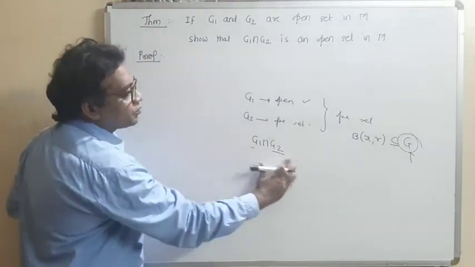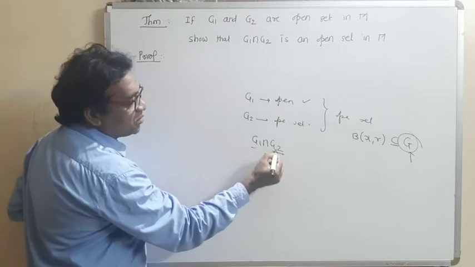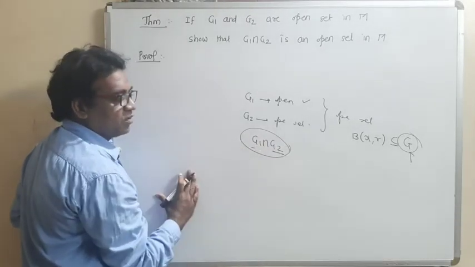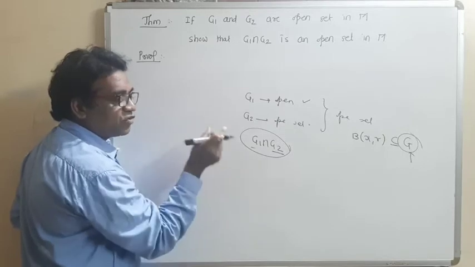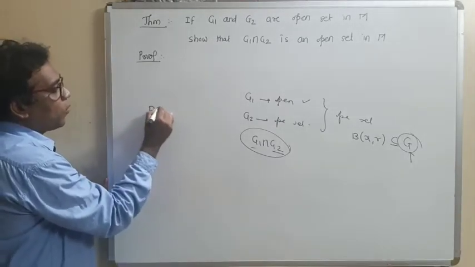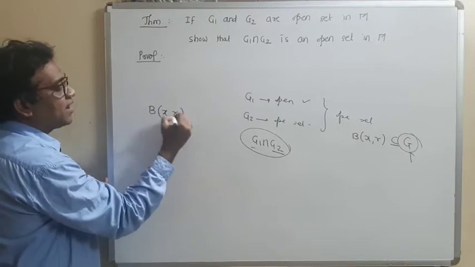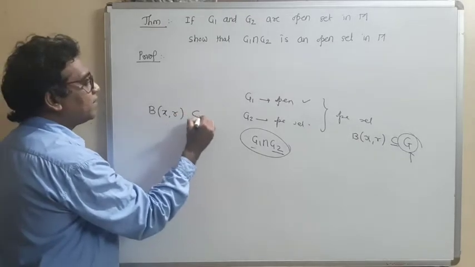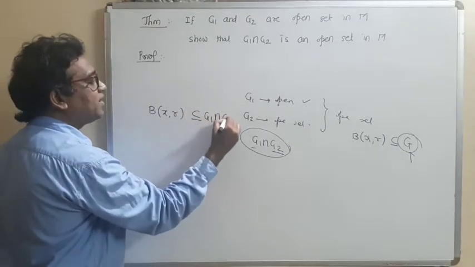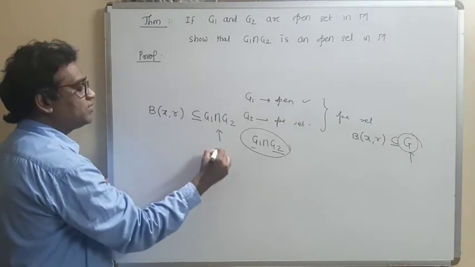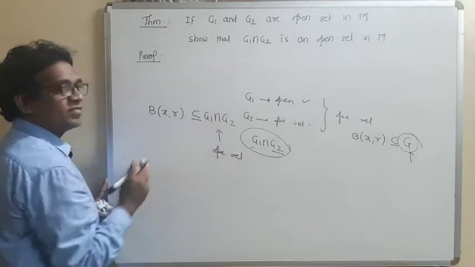Now see, how to show G1 intersection G2 is an open set in a metric space? What is the basic idea for showing the open set? Find some open sphere B with center at X and radius R which is contained in G1 intersection G2. Then G1 intersection G2 is called the open set.